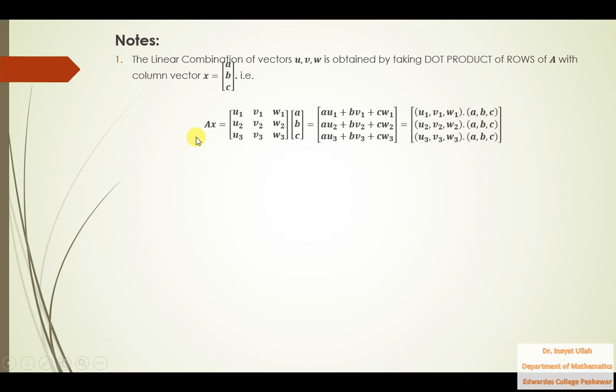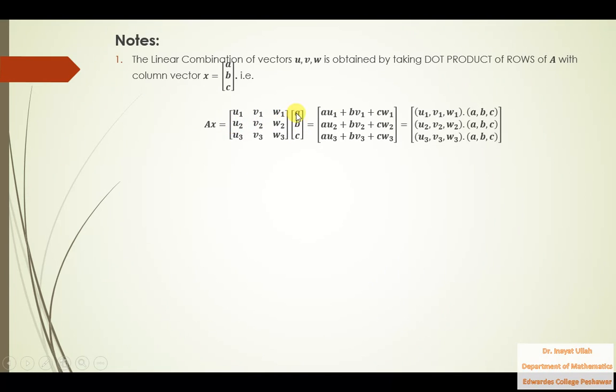From the previous example, Ax, so that is a matrix. In the previous slide, that is a matrix times x, so this is x. Now whenever you multiply these two matrices, that is row times this column vector, so that is just like that: au1 plus bv1 plus cw1.